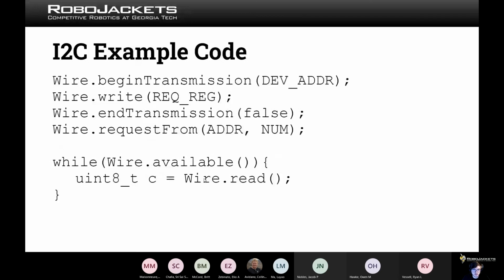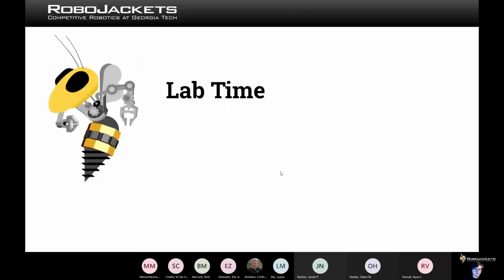These specific parameters, you can look up in the Wire library and see what they all mean. But they also have, we're going to request from the specific address and that number. And then while there are still characters to be read, we'll continue to read them. So like I said, we'll get more into it in the lab.